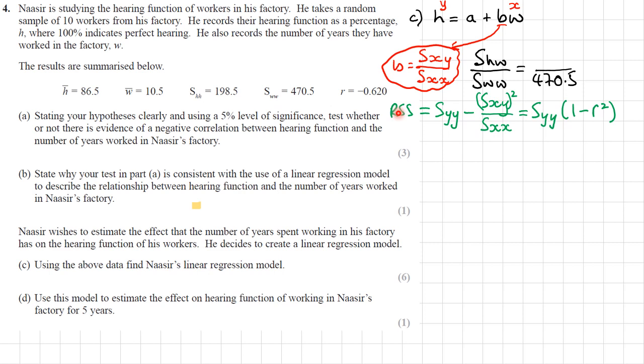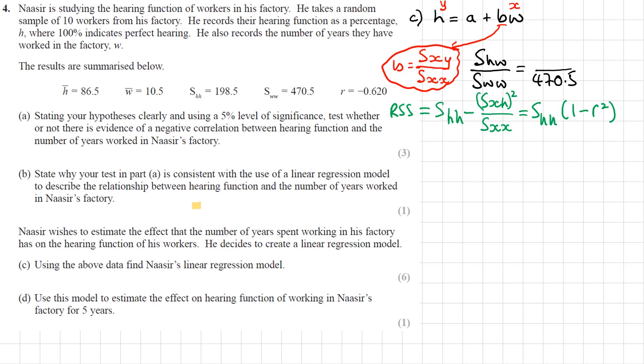Now to do that I can use the residual sum of squares formula, which is in the formula book. So I'm going to do a similar thing again where I swap the y's for h's. So I'll do that now. So all of the y's, I'll put an h there instead. And then where I see x's, I'm going to put w's. So I need to put h here and h is here.